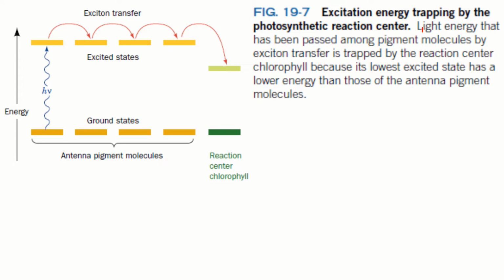Why? This light energy that has been passed among pigment molecules by excitation transfer is trapped by the reaction center chlorophyll here, because this reaction center chlorophyll is at its lowest excited state. In that state, it has a lower energy than those of the antenna pigment molecules.